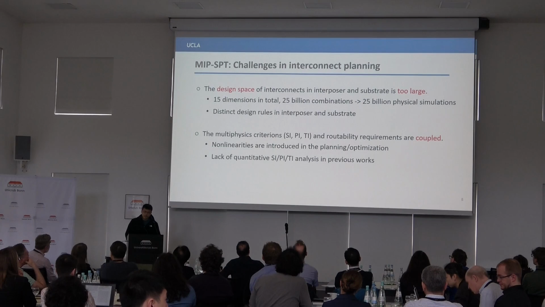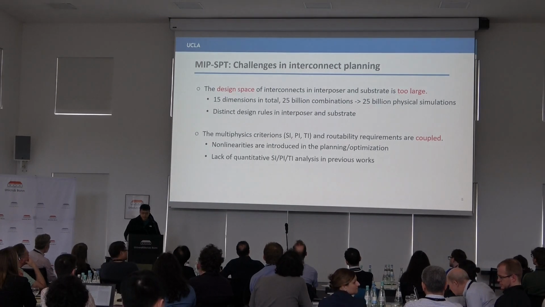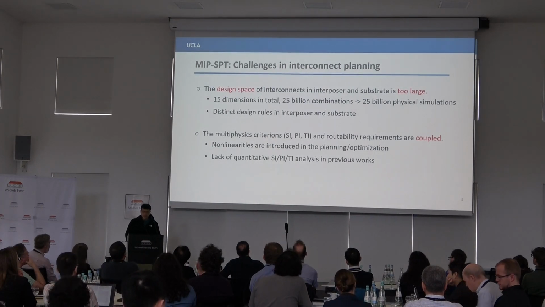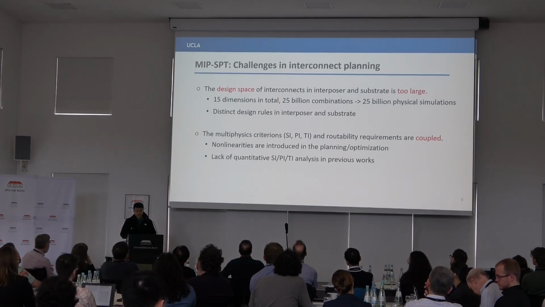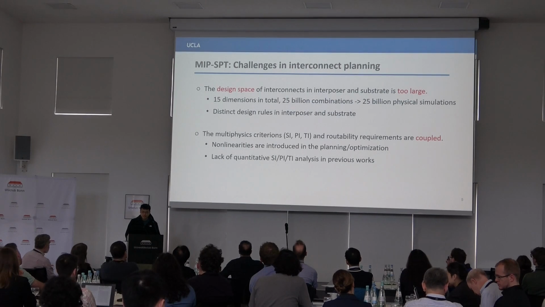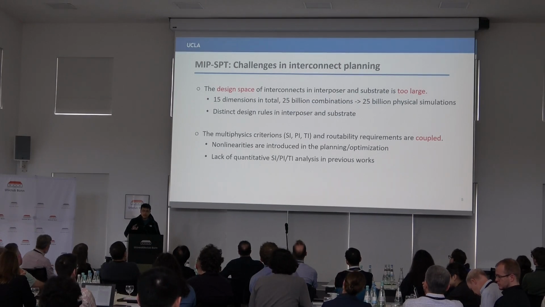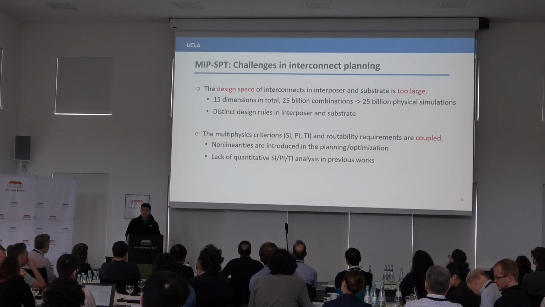There are two main challenges in the interconnect planning. The first is that the design space is too large. We consider 15 dimensions in total, which will result in 25 billion combinations, and it is impossible to exhaust all the combinations by doing 25 billion physical simulations. Also, the design rules in the interposer and substrate are distinct, so we cannot directly transfer the optimization strategy from one to another.